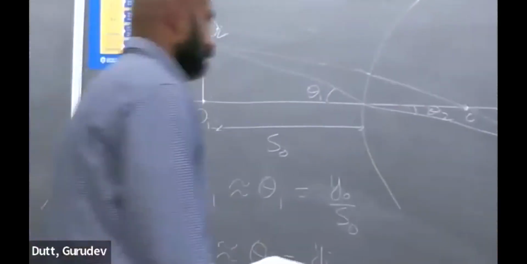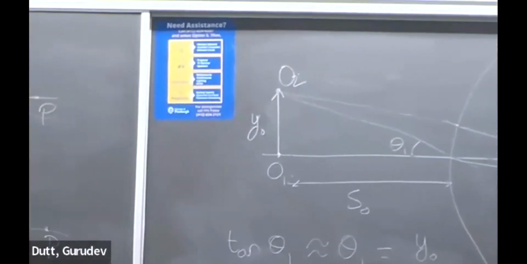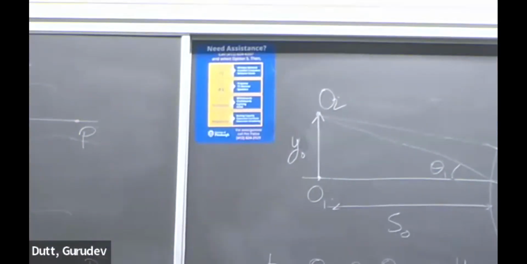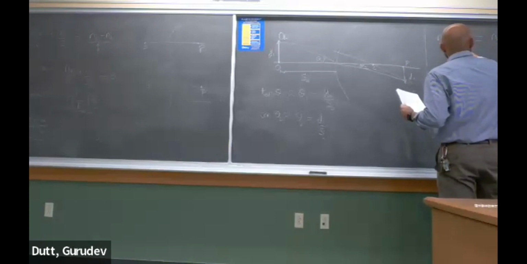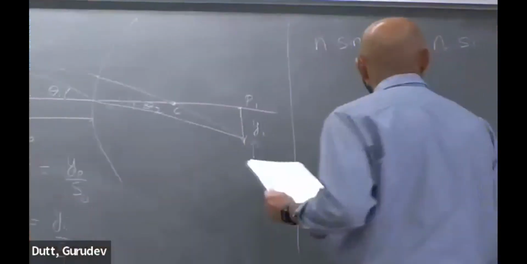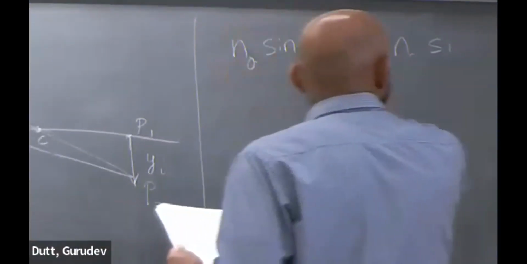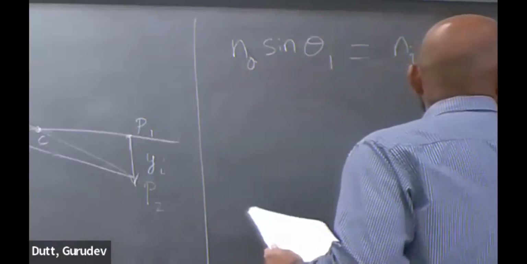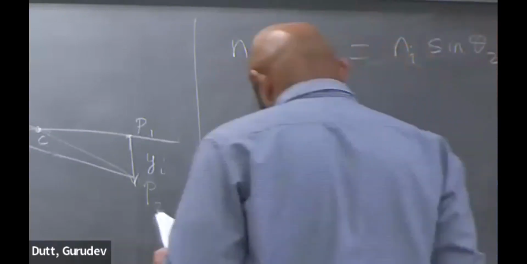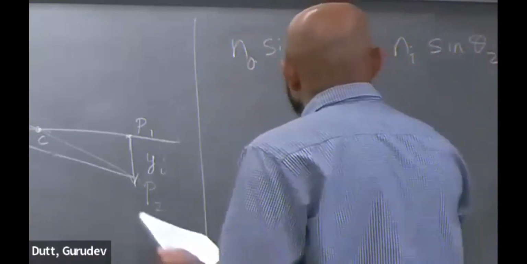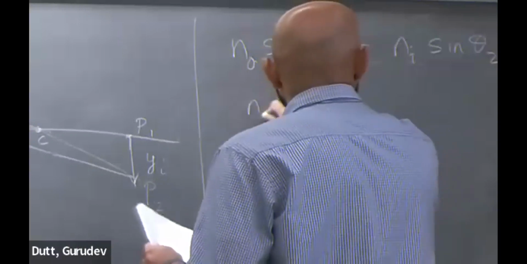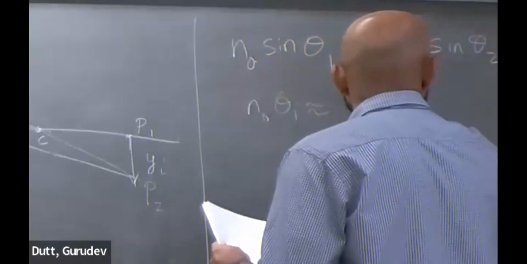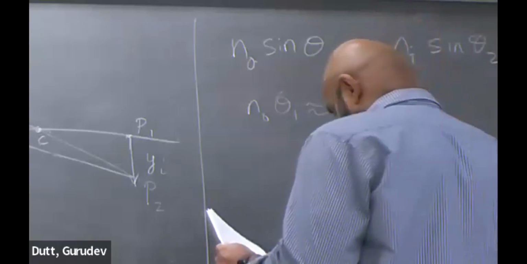Okay. And again, from Snell's law at the interface, we have N1 sine theta1 is equal to N2 sine theta2. Sorry, I guess I call these NO and Ni. NO sine theta1 equals Ni sine theta2. And again, making the same small angle approximation, we have NO theta1 is approximately equal to Ni theta2.